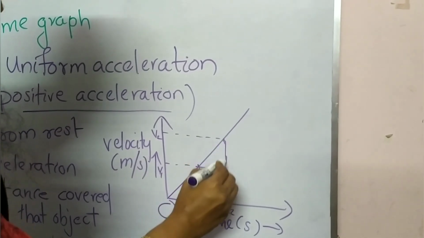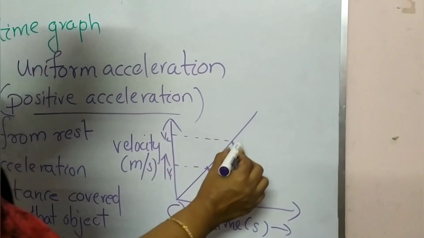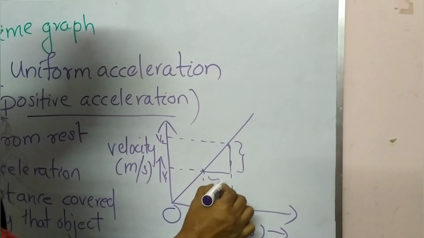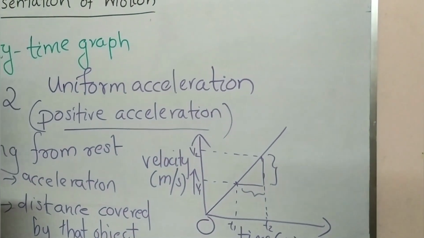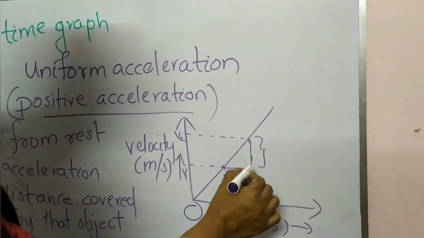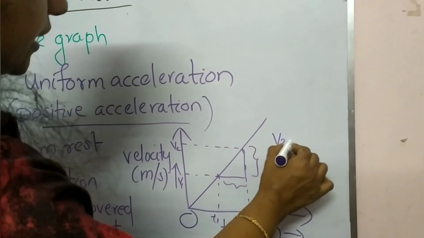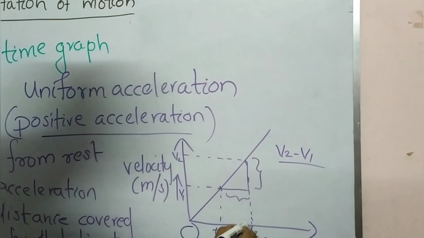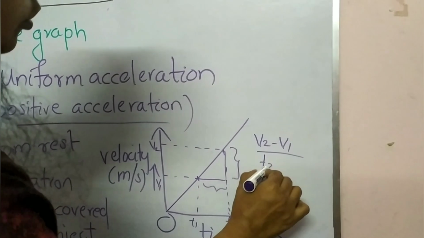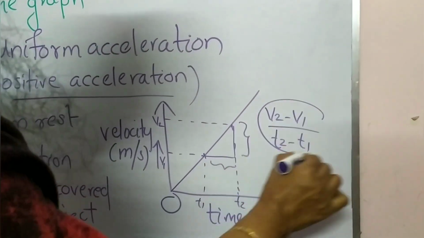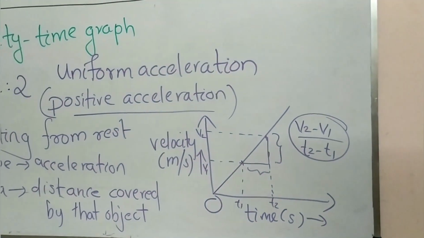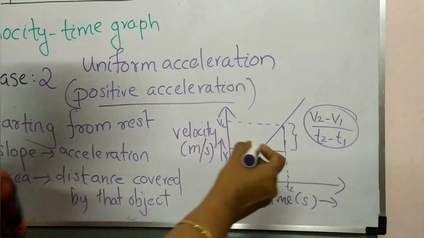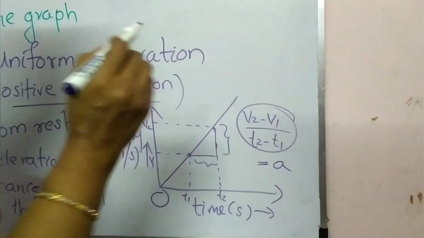Last class we discussed how to find the slope: change in y coordinate divided by change in x coordinate. So change in y coordinate here is v2 minus v1, divided by t2 minus t1. That is change in velocity divided by time. From this we can say the slope gives us acceleration.